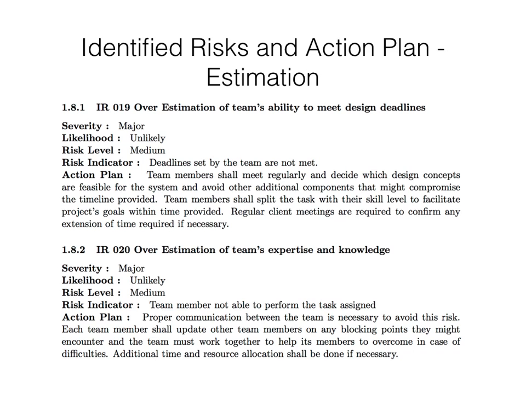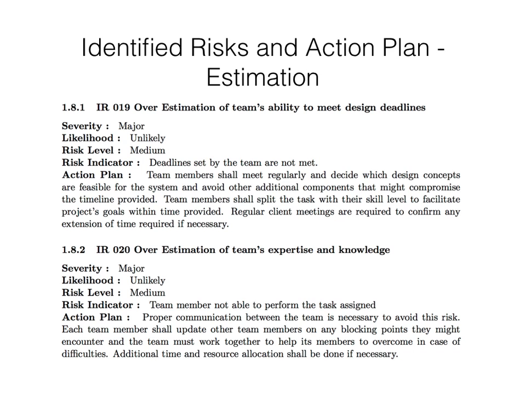The action plan for this is that team members have regular meetings and decide on design concepts which are feasible within the time provided. The team members should split the tasks between them according to their skill set and have regular client meetings as well.